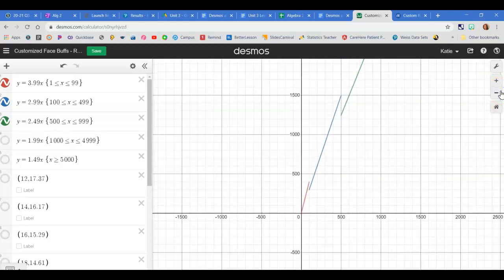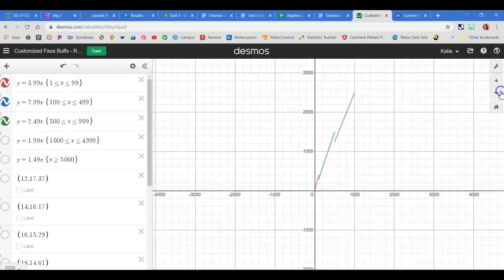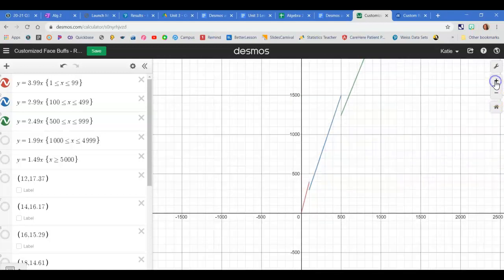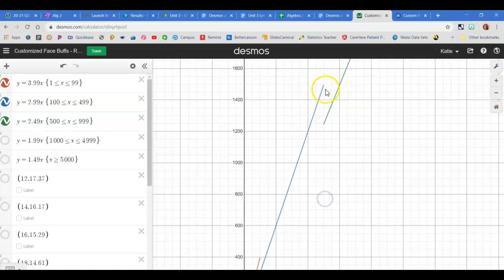We can see what happens if we ordered 500 and 999. Again, there's that overlap. Down here, if I order 500, it's $1,245. But at this price point, back at the blue, my endpoint is $1,489.